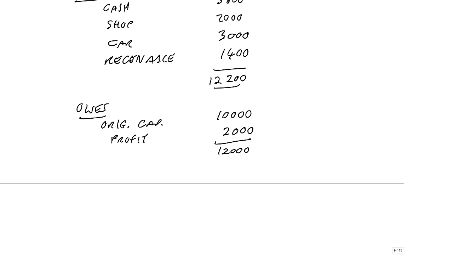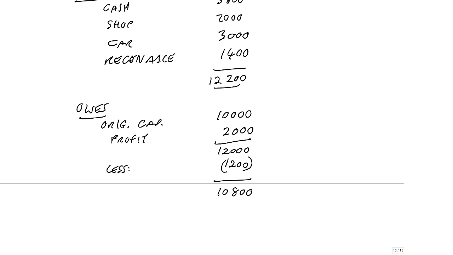But of course, whereas the owner was owed 12,000, if the owner's now taken out 1,200, the owner will be owed less. And so how much has the owner taken out? 1,200. The amount owed to the owner is 10,800. Now, I'll give you a name for it in a minute, the last bit of terminology for the moment. But terribly importantly, money the owner takes out doesn't make any difference to how much profit was made.